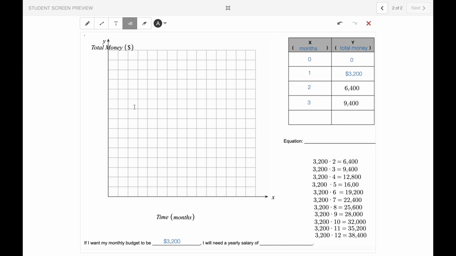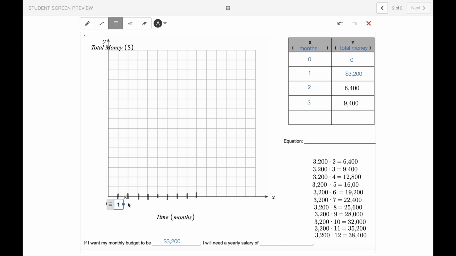So we can go ahead and get started with labeling. I need to label every single box in my graph. If I am talking about months, I need to decide what numbers are representing months. The first number here in this corner is 0.